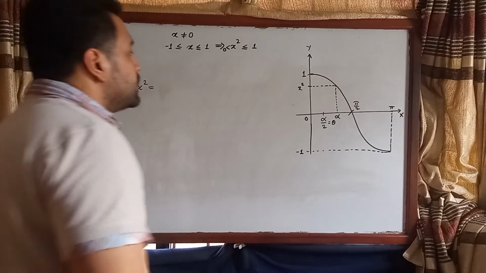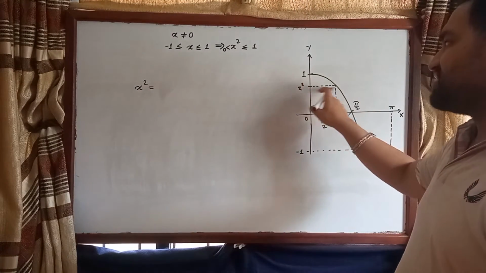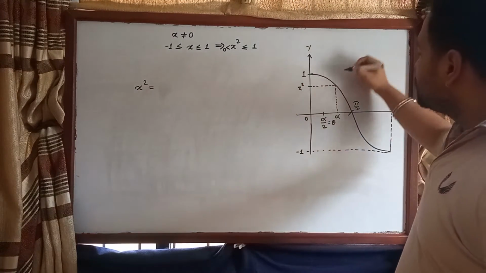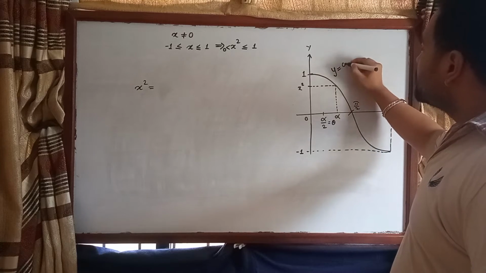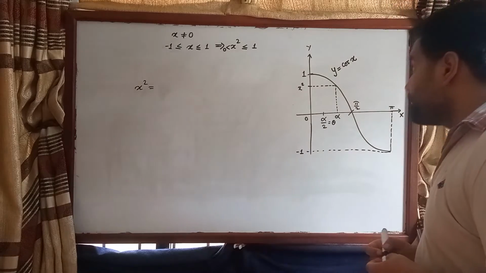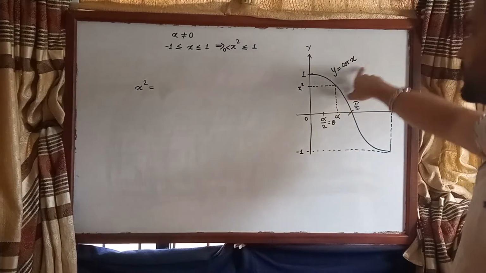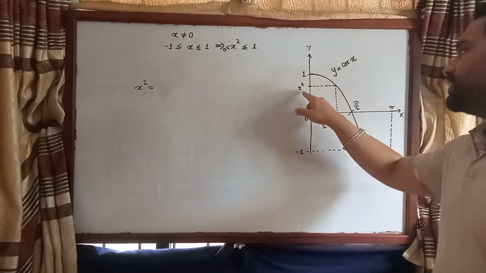So x squared is between 0 and 1. If this is the graph of y equals cos x, then x squared is somewhere over here.